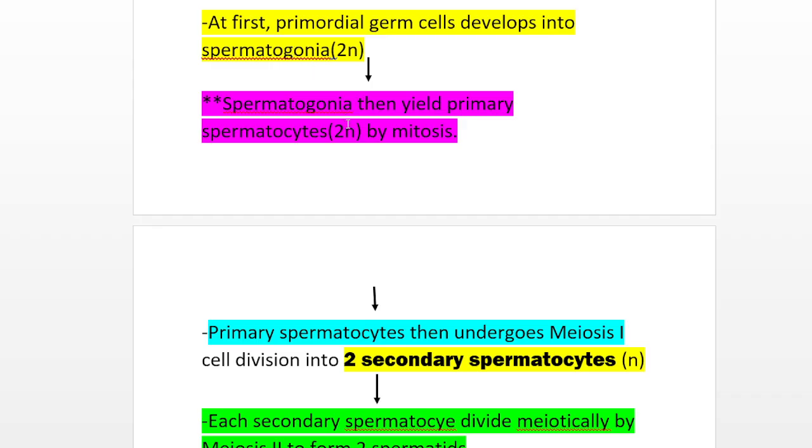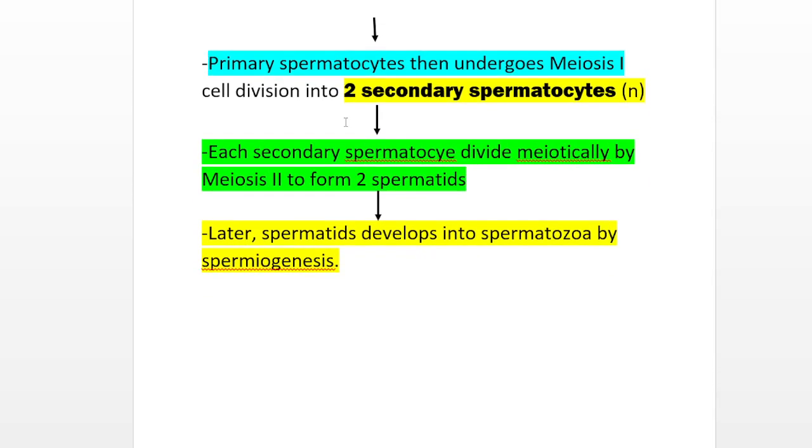On further development, the primary spermatocyte undergoes meiosis first cell division to differentiate into two secondary spermatocytes.